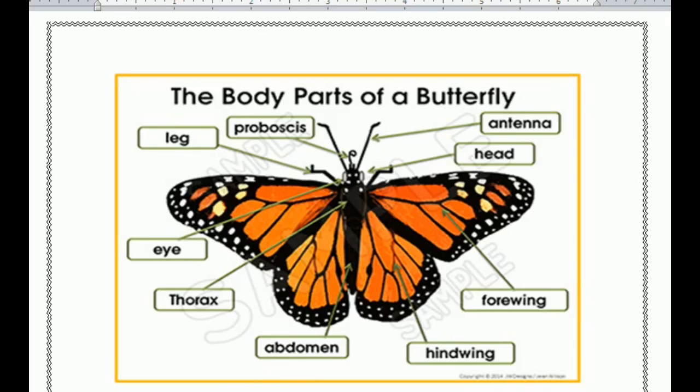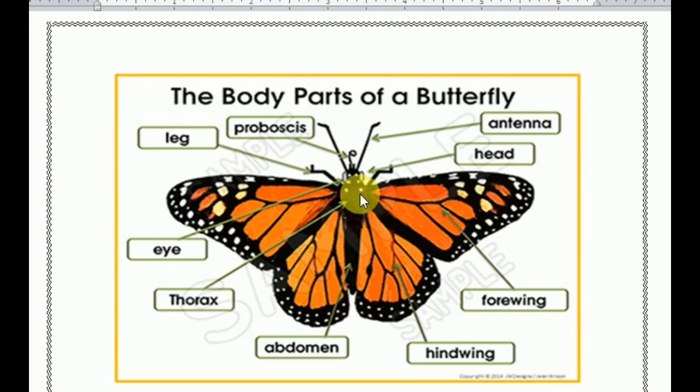I will repeat for you. An insect's body is divided into 3 parts: head, thorax, abdomen. Okay. First part, the head. It has 2 eyes and 2 antennas.